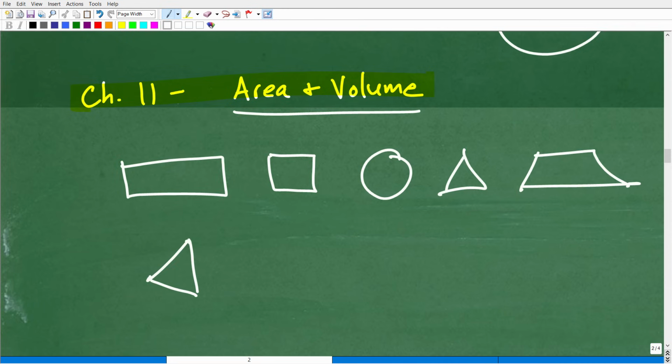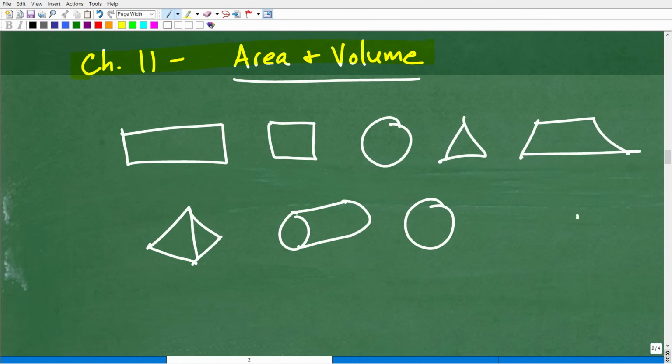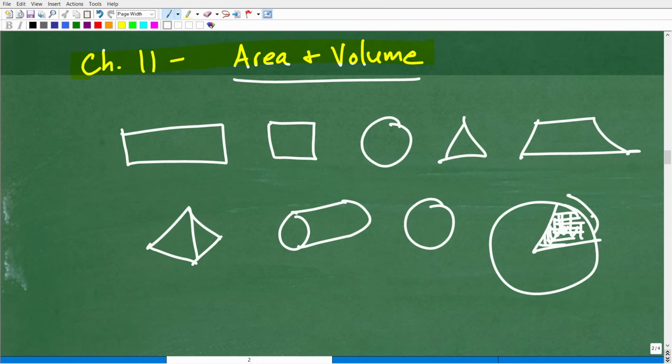Then we can get into pyramids, cylinders when we're talking about volume, spheres, and then when we look at a circle, we could be talking about the area of a little pie section here. That's a sector of a circle, and this is an arc and whatnot. So you really get heavy duty into area, surface area, and volume of all these basic figures, and also sectors of circles as well.